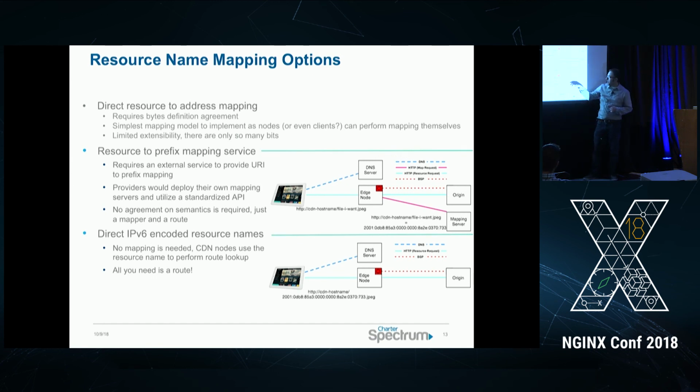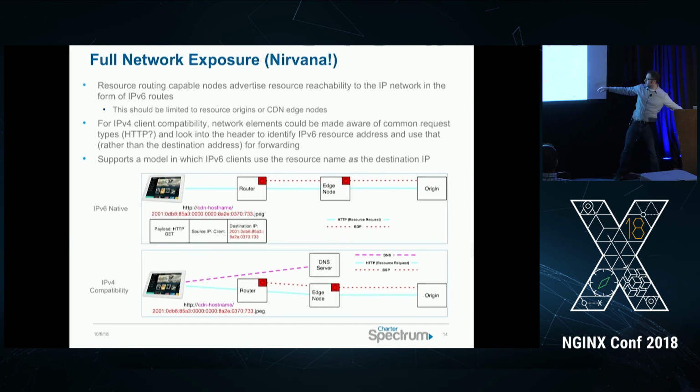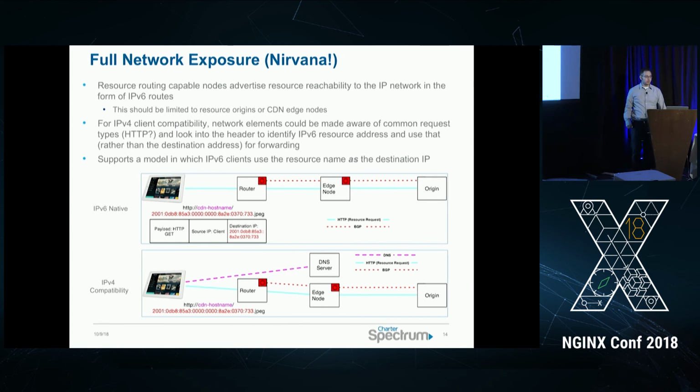If it's the model where the CDN's actually advertising routes to the network, you almost don't need that functionality for v6 anymore, because the destination IP is the chunk name, so you don't need to do that mapping between a name and an IP address. But in cases where you do, v4 as an example, you still need that intelligent DNS server to get you towards this edge node. And something like Akamai or any of those would work. Cool.